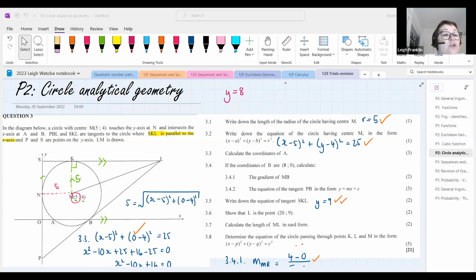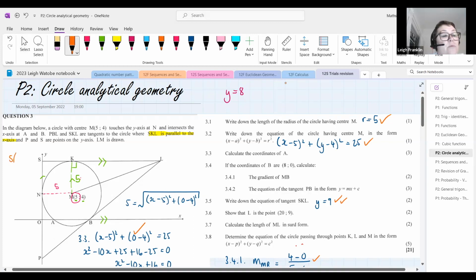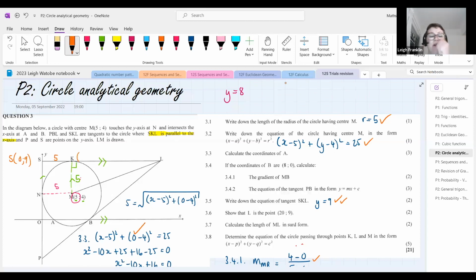All right. So we know that at S, what would the coordinates be at S? The coordinates at S would be 0 and 9, right? So this is 5 units long. The coordinates at K, actually, does that help us? Just trying to think whether it did or not.